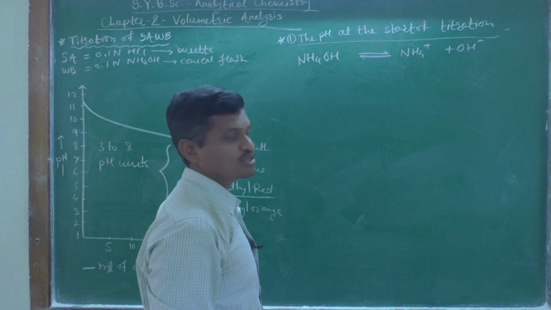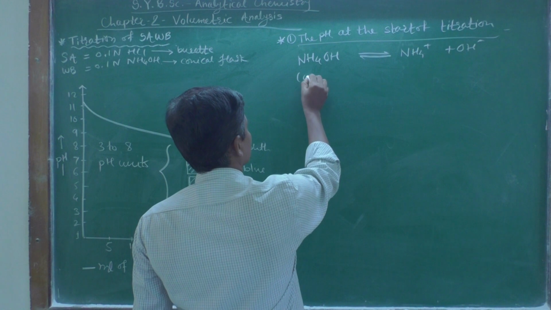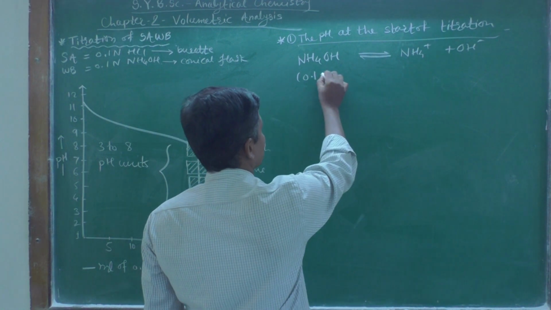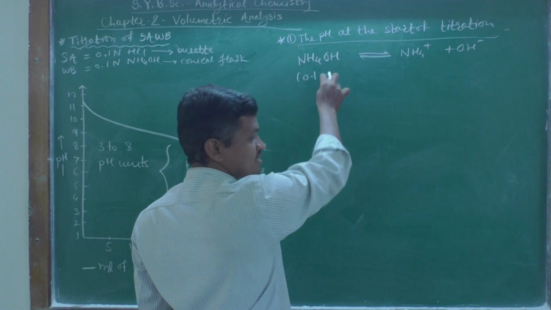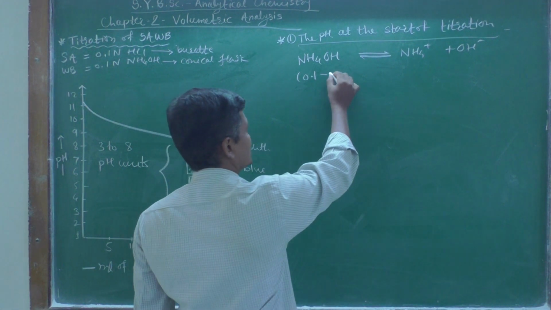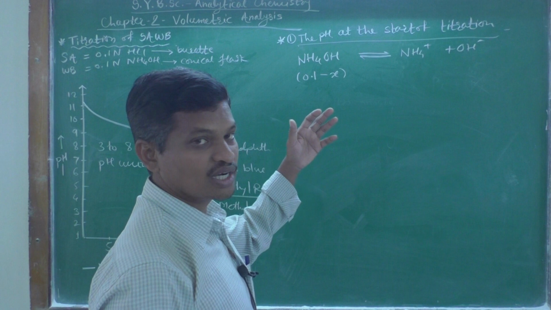The concentration of NH4OH is 0.1 normal. As it is a weak base, partial dissociation will take place, so let us take only X mole of NH4OH to dissociate.